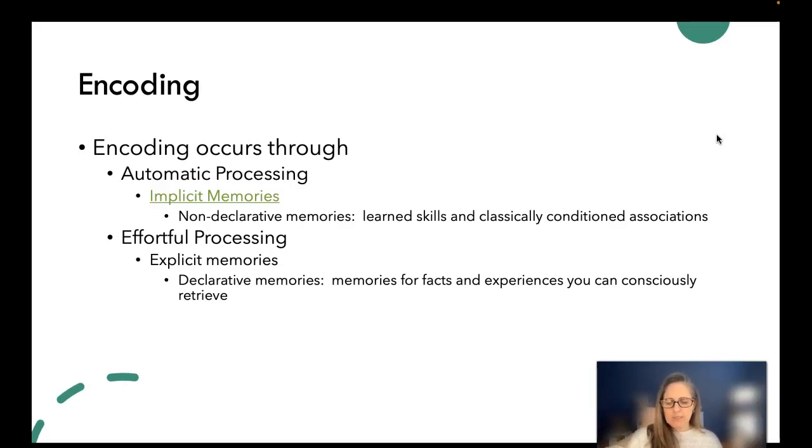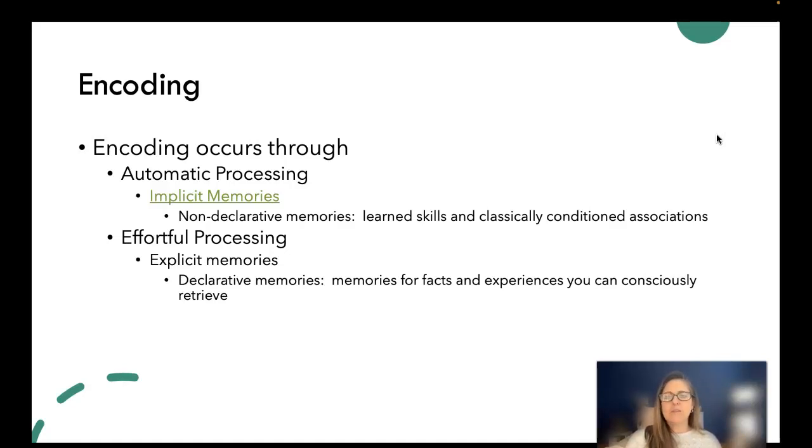So implicit memories are memories that get into memory without any real intention or any real effort. So this is stuff that you haven't studied. It's just stuff that gets there. It gets into your memory, and then many times we retrieve that information from memory without thinking about it. It's sort of unconscious. It happens automatically.